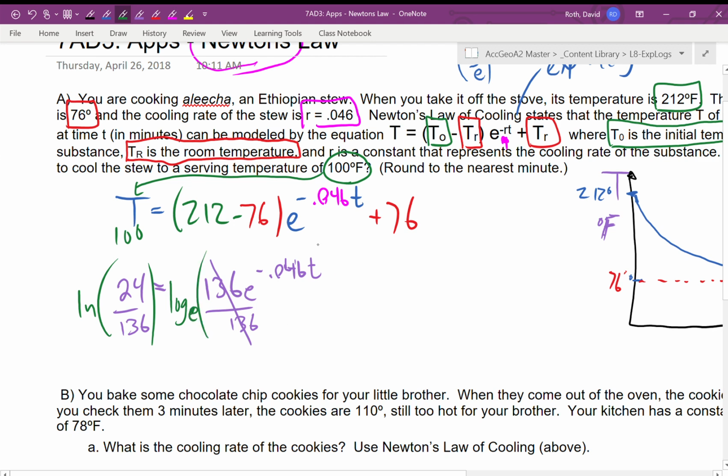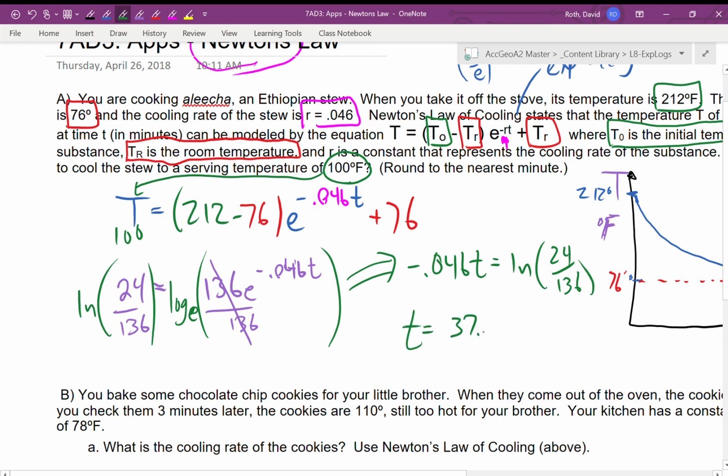And if I log base E, this E to the negative 0.046t, they cancel each other out in the properties of logs. So that then goes to, I'll just write it over to the side, negative 0.046t is equal to natural log of 24 over 136. And if you calculate that out, you should get t is equal to 37.7 minutes. Nice. Okay. Well, how about this?